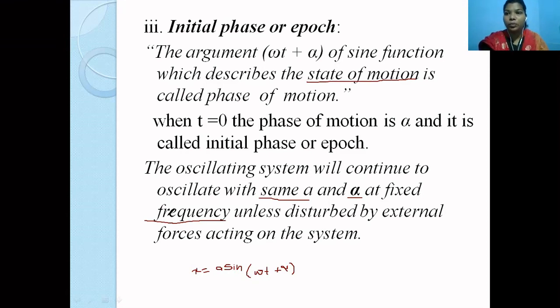Like we have written x is equal to a sine of omega t plus alpha, and in this topic we have talked about the physical significance of a, omega, and alpha being in the equation. Why do we have these quantities in the equation? I hope that you have understood it properly.